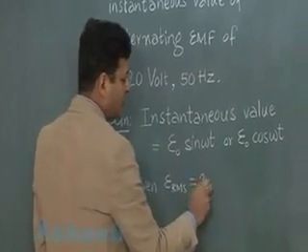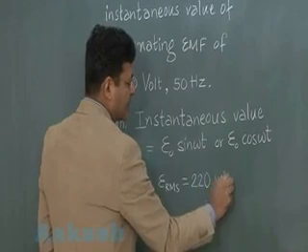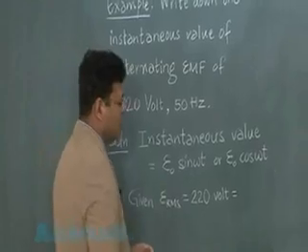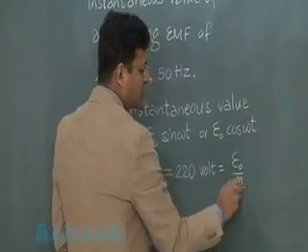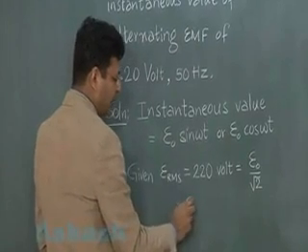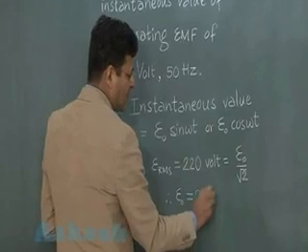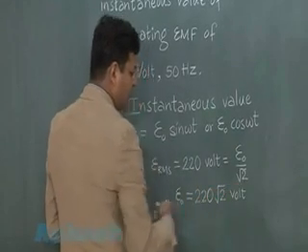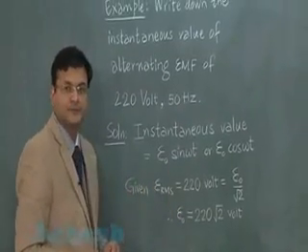This 220 volt is essentially the RMS value, and if you try to correlate it with the peak value, then this is equal to E naught upon root 2. You understand? So for that matter, you will find that the peak value E naught will be written as 220 root 2 volt. Understand? The peak value of EMF will be written as 220 root 2 volt.